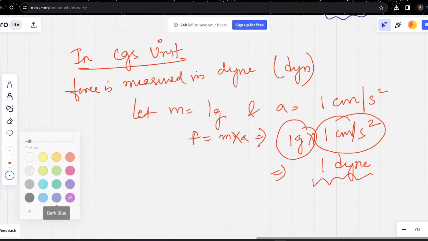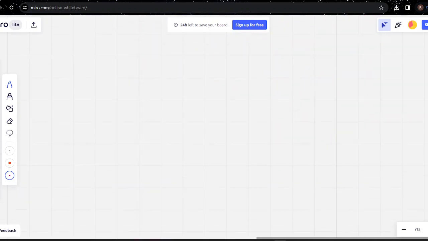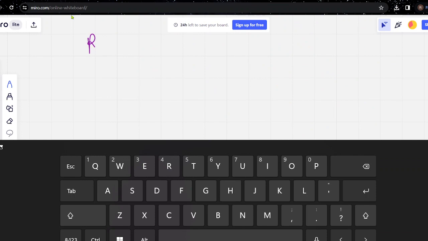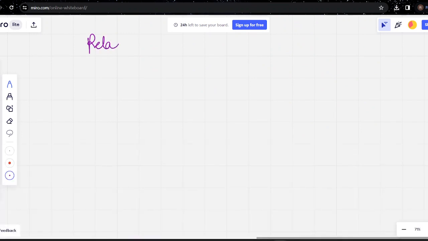Next, let's see the relation between Newton and dyne.